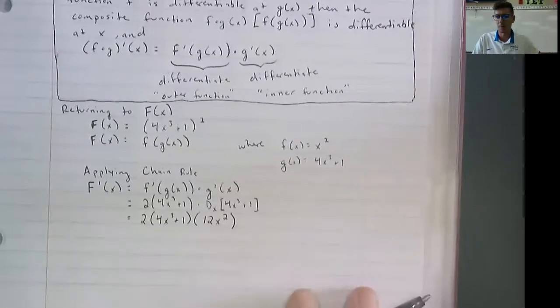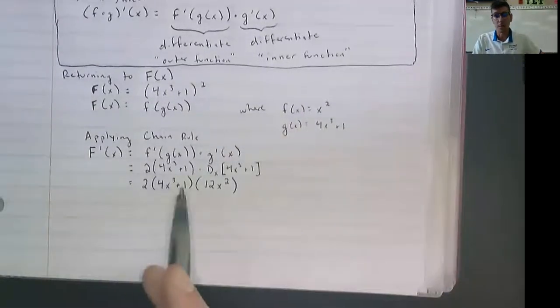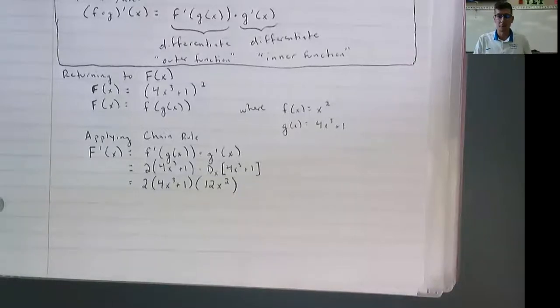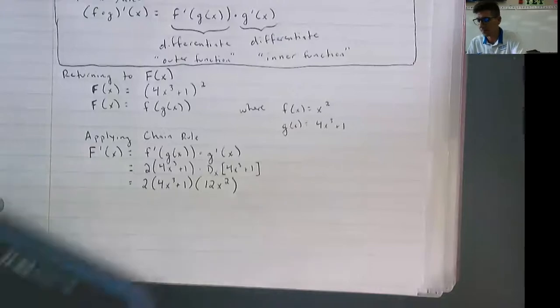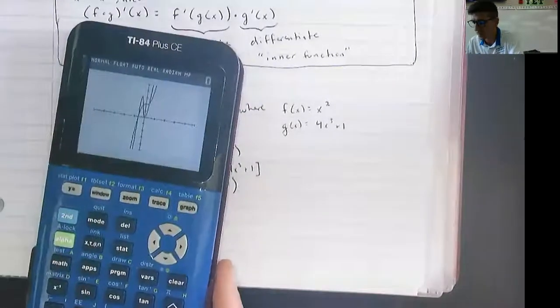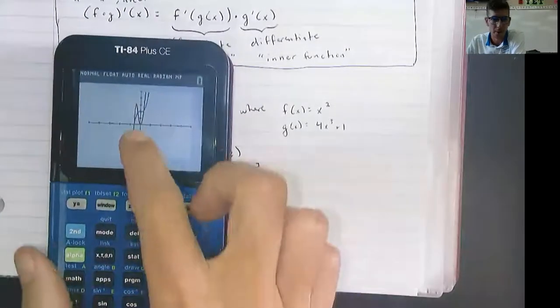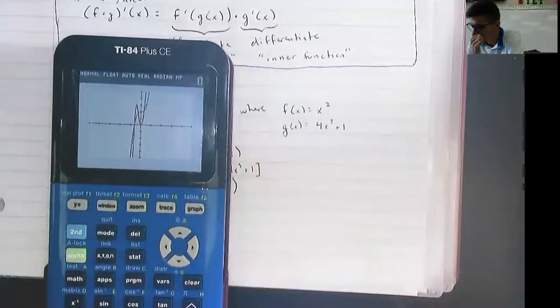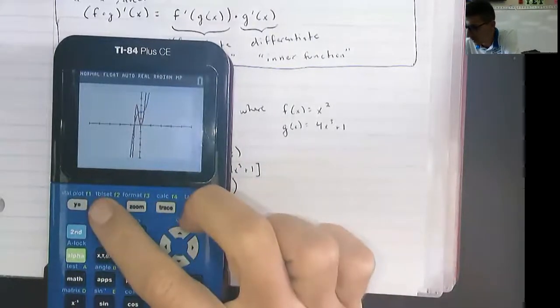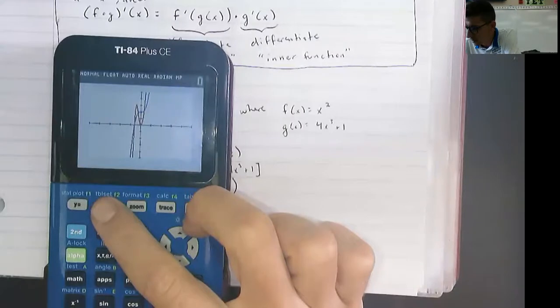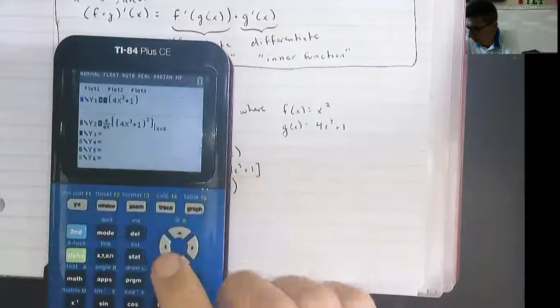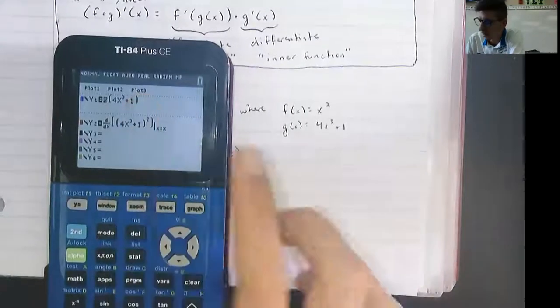Now let's go back to our calculator and see if, when we plug this in, it matches up. Because remember, just the outer guy, no dice. Okay, so this was the one that didn't work, so let's fix it.